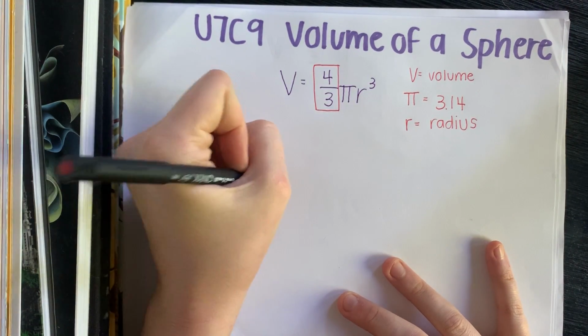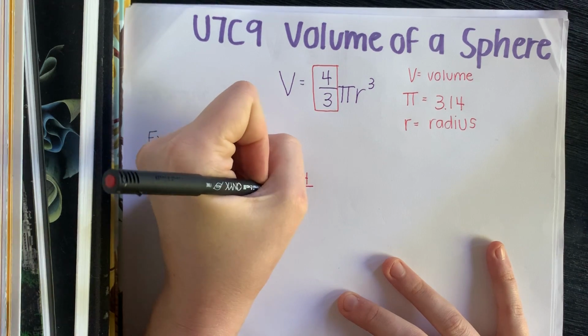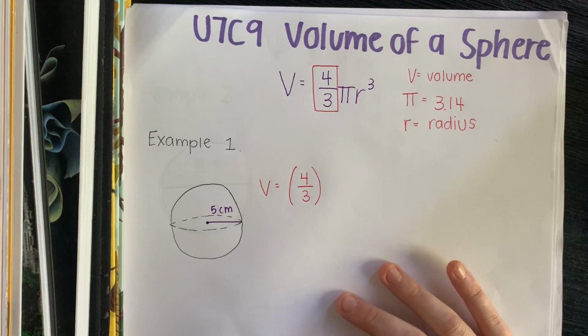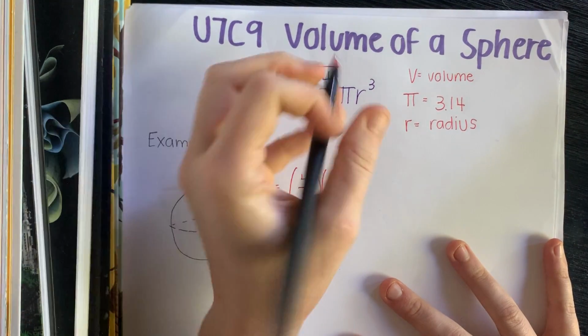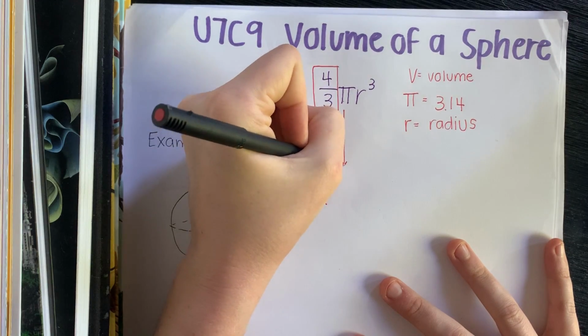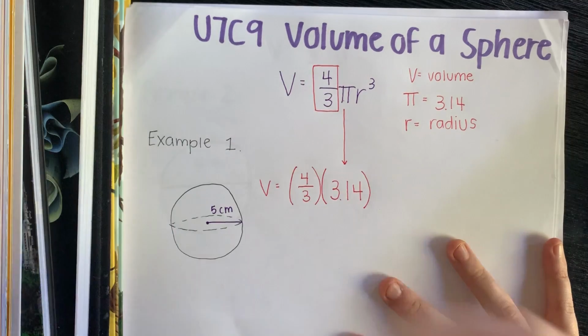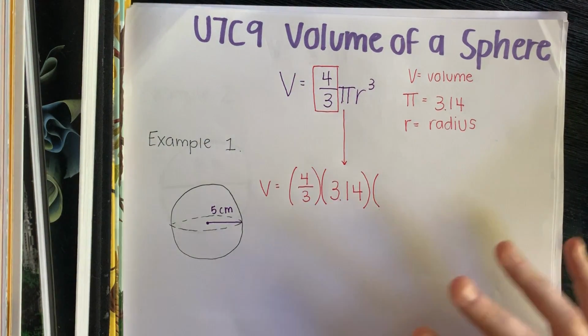So volume equals 4/3, right? And that's gonna be a number that we multiply everything by. I'm gonna show you how to get that in a second. Times pi, which is 3.14, times my radius cubed, okay?